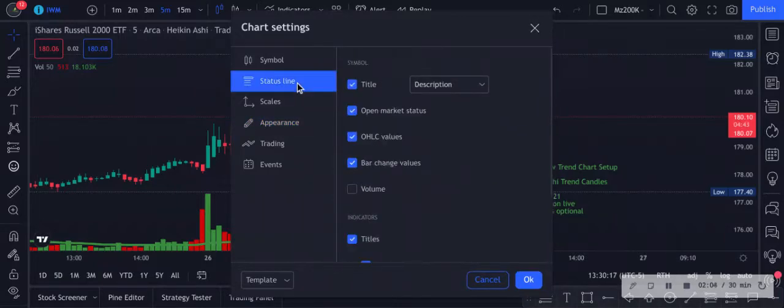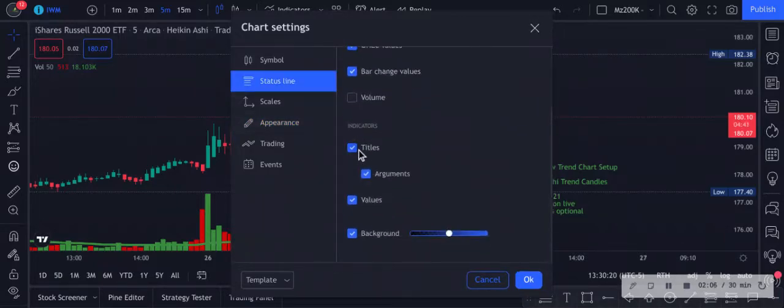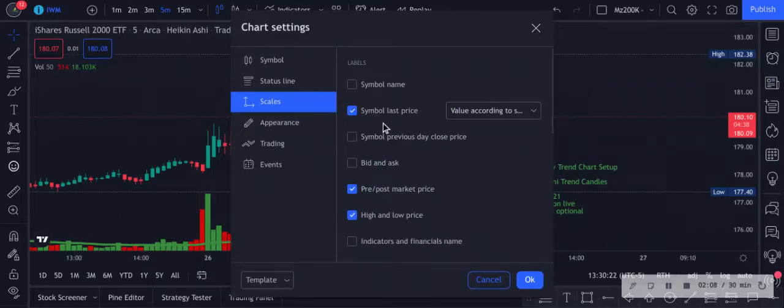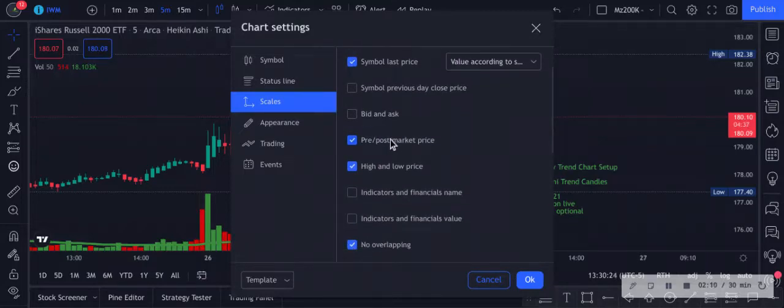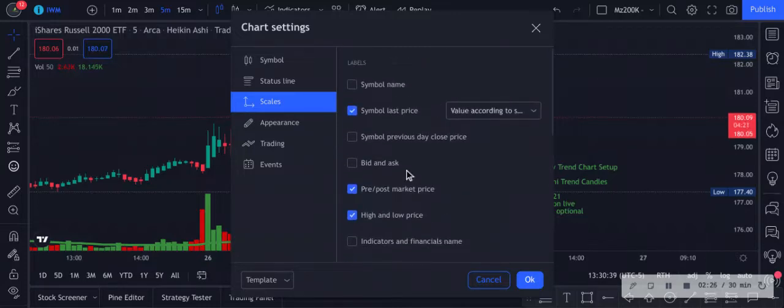And now another line has appeared on my chart that was not there. I like to keep the high and low price because you can also use the low price as a stop loss. You can use the high price as a potential exit target.